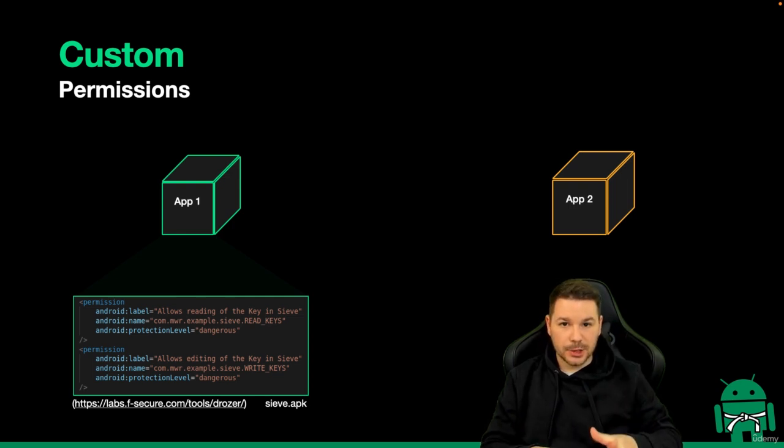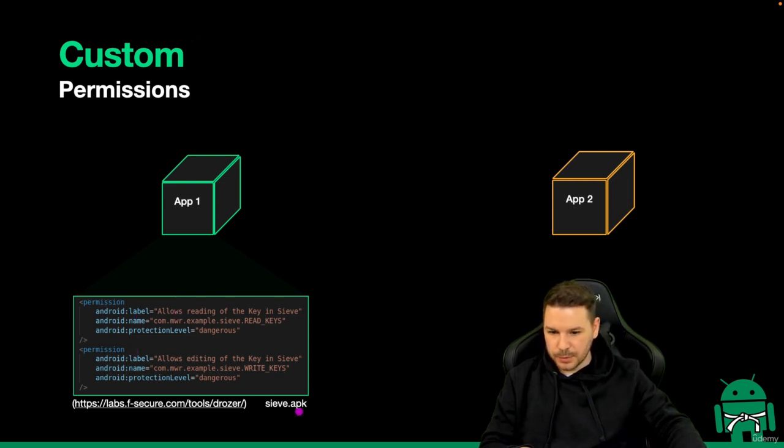The custom permission, if it's defined over here, does not start with uses permission, because it doesn't use this permission, it's defining this one. So if you find this tag permission, then we most likely have a custom permission which is defined in this app, which means this permission is protecting something in this application. Over here we can see we've got this permission, then we've got this Android label.